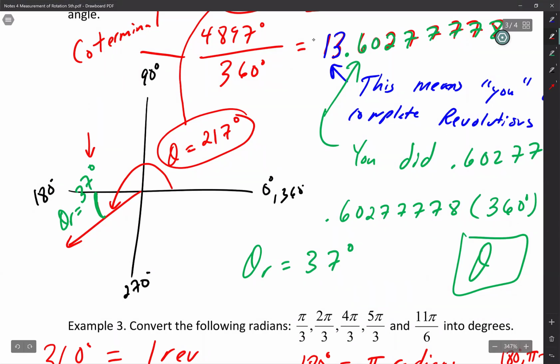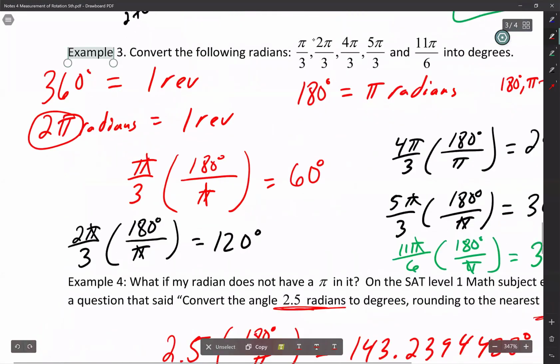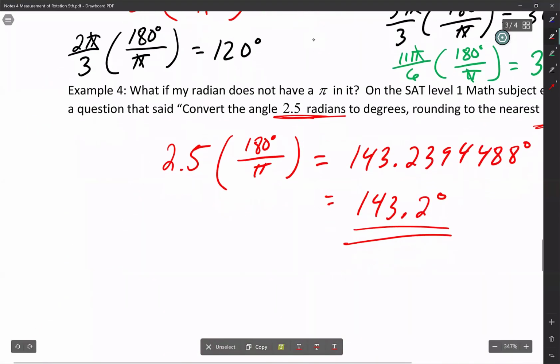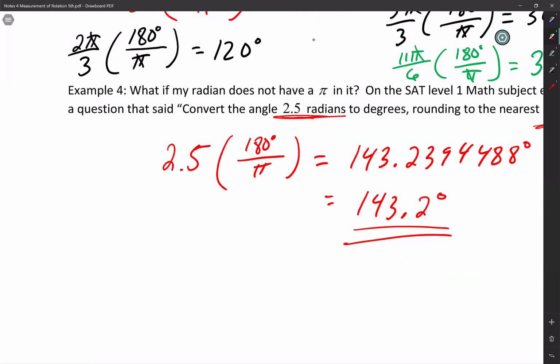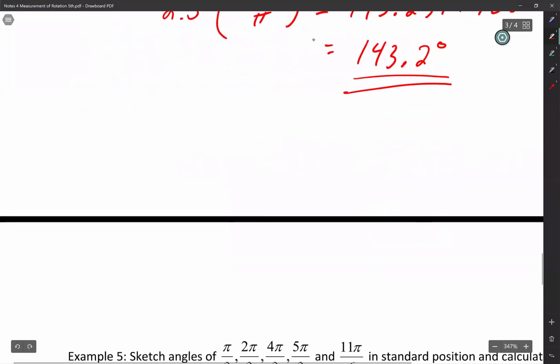So make sure we know the difference. You know what I mean? Because if I tell you 3.14 radians, everyone recognizes that as pi radians. So 3.14 radians is almost the same as 180 degrees because 3.14 is rounded, right? And pi itself goes on forever, 3.1415 and so on, for those that haven't memorized.